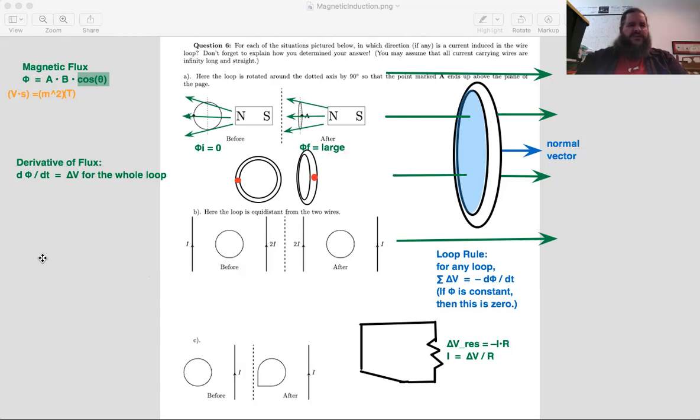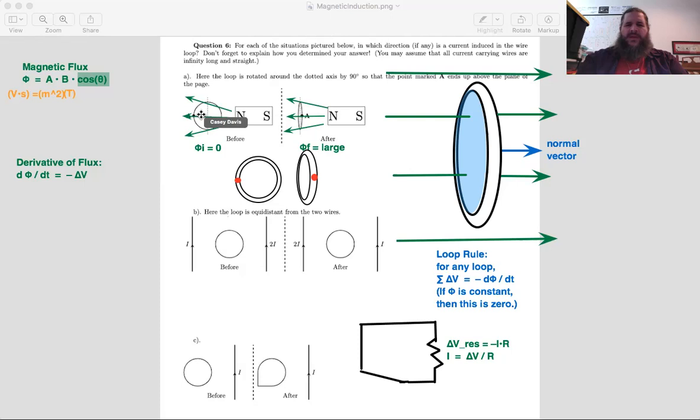And to determine direction, we usually write this as derivative of flux equals negative delta voltage. The negative signifies that the direction of the voltage difference is opposite to the direction of the change in flux. So if we want to associate a direction with this change in flux, usually we associate flux with the direction of the normal vector.